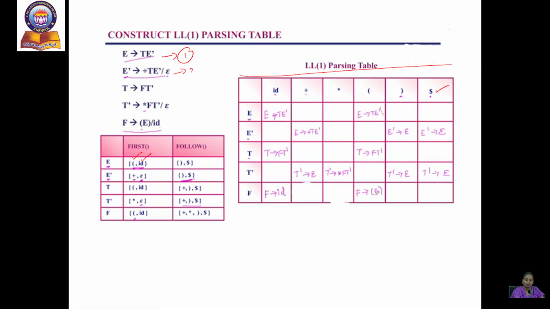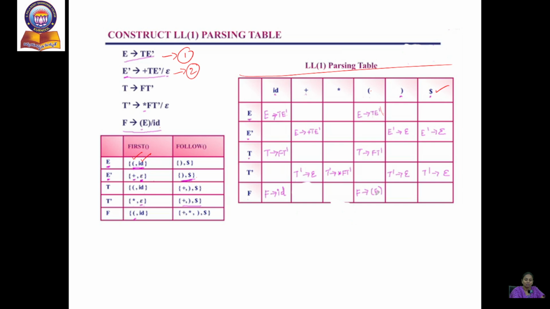Next, coming to the second production, E dash derives plus TE dash and epsilon. This production can be written using the first function of E dash. Here it consists of plus and epsilon. If epsilon is present in the first function, then we have to consider the follow function of that non-terminal.